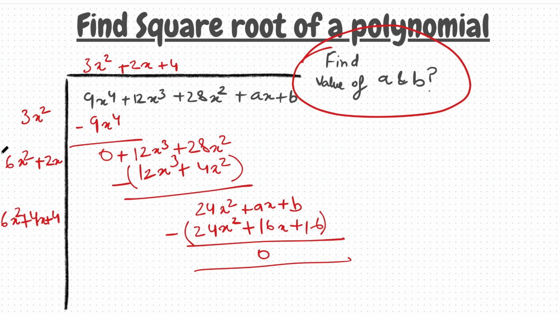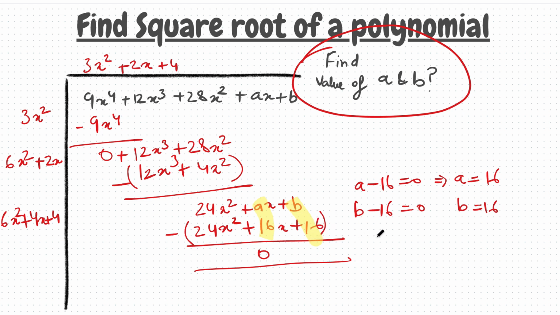And that would only be possible when a minus 16 is 0 and similarly b minus 16 is 0. So a minus 16 should be 0. Similarly, b minus 16 should be 0. So this implies a is equal to 16 and b is equal to 16.